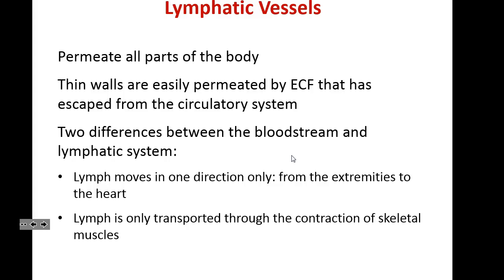It moves from the extremities to the heart and from the heart to the extremities. It goes both ways. But lymph is only transported through the contraction of skeletal muscles. Does your blood use skeletal muscles to move? No.